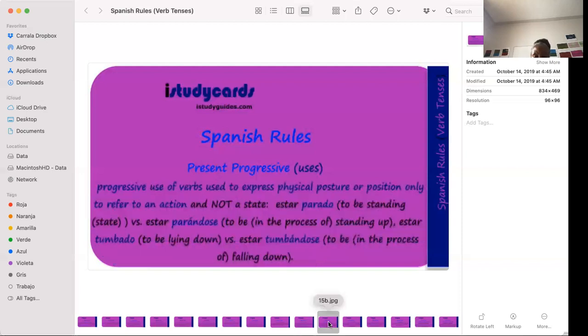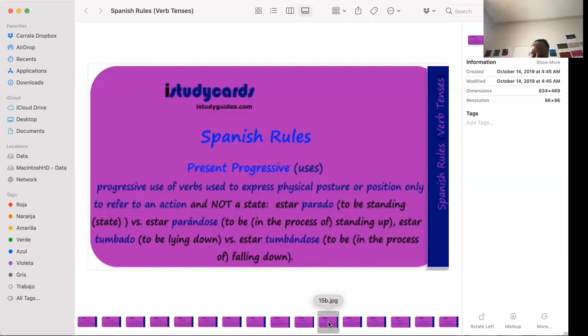Now, next part. The progressive use of verbs used to express physical posture or possession or position, okay, here we go, because I'm messing this up. The progressive use of verbs used to express physical posture or possession is not to be used in Spanish.